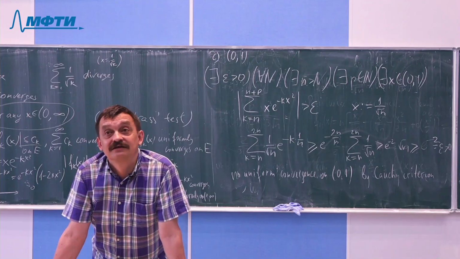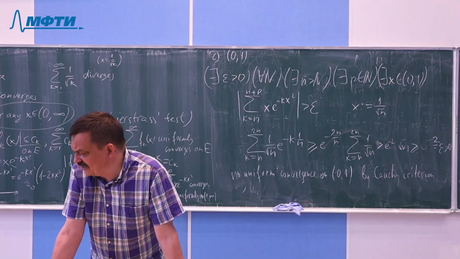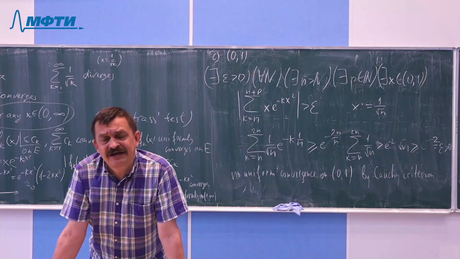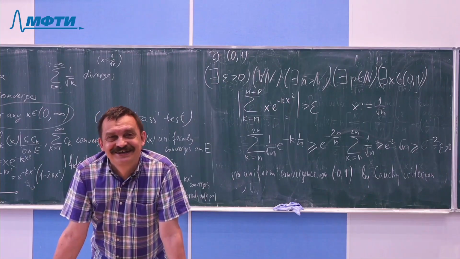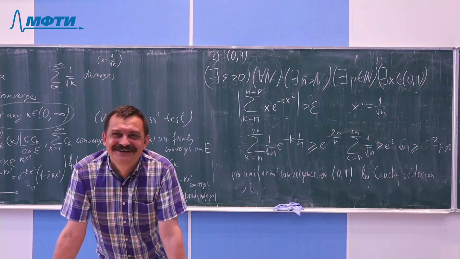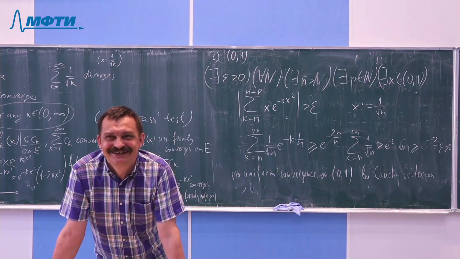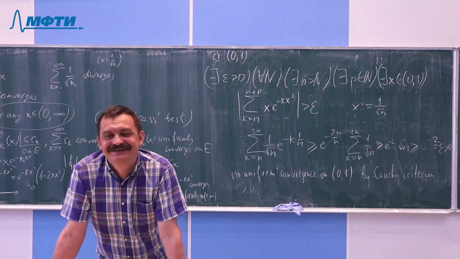In the exam, there are 30 points for each question. That means each question is 5 points? No. There is a different scale. I don't want to inform you in advance, otherwise you will try to learn only the most expensive questions, right?